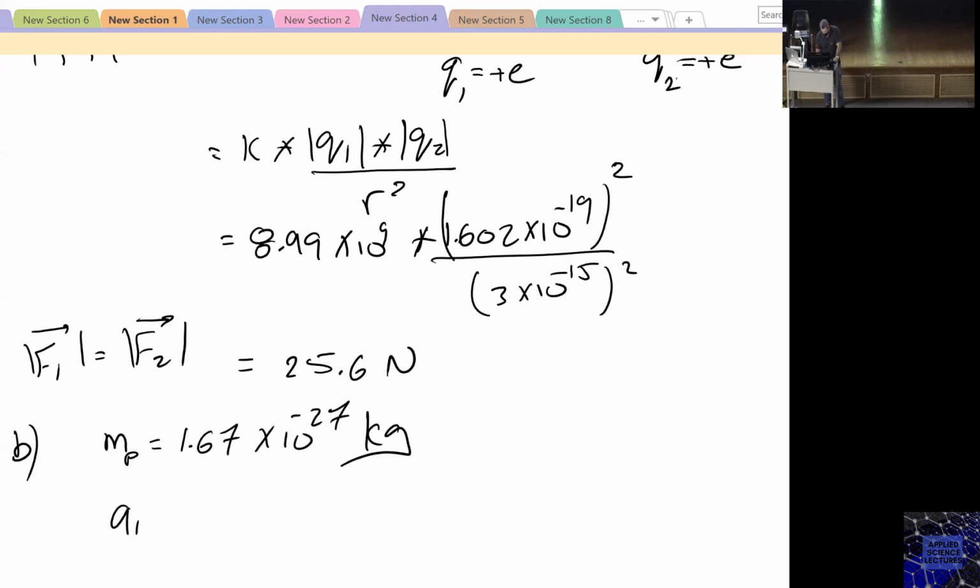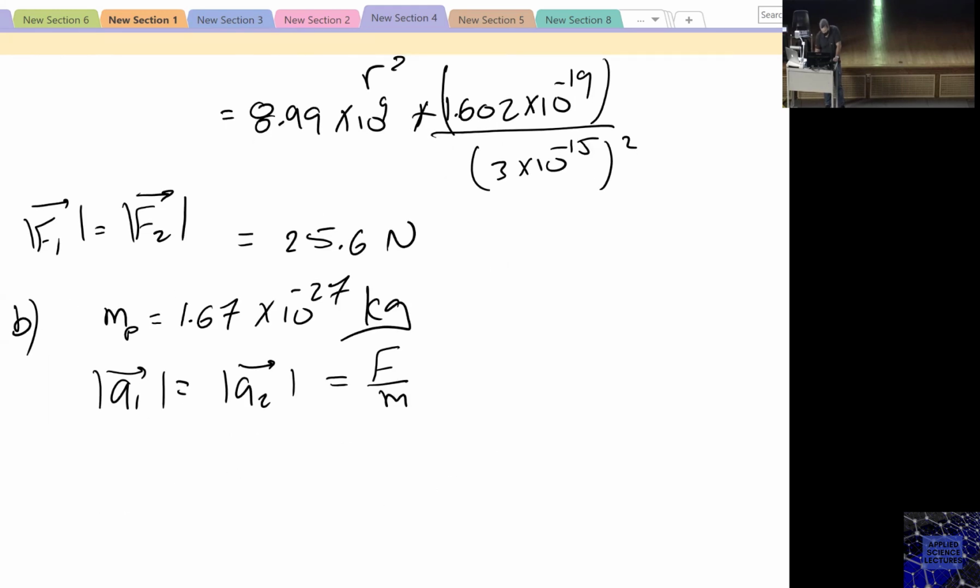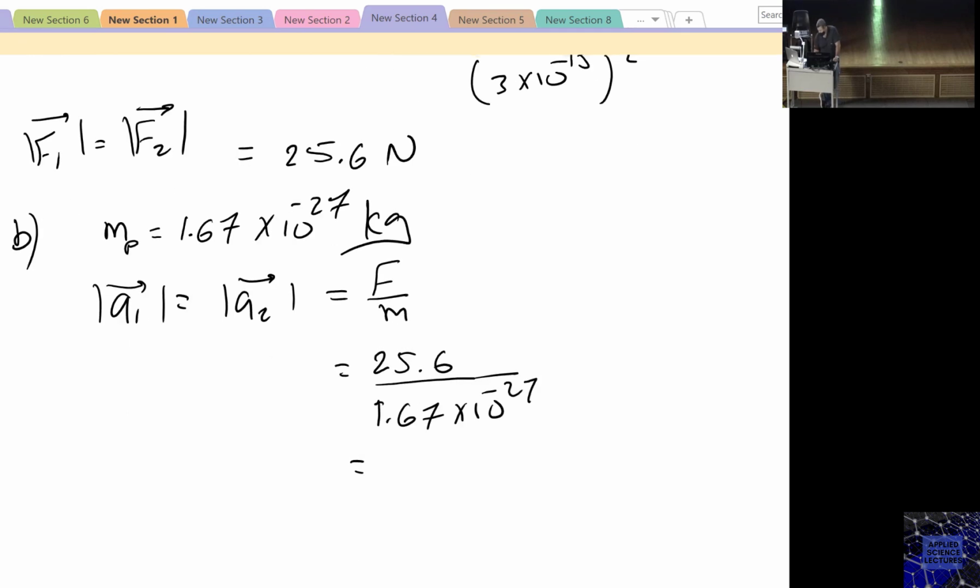So I can say here, A1 equals A2 equals F divided by M. In this case, I have F as 25.6 divided by 1.67 times 10 to the power minus 27. And the answer is 1.54 times 10 to the power 28 meter per second squared.